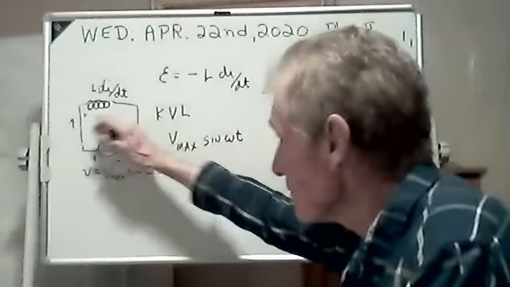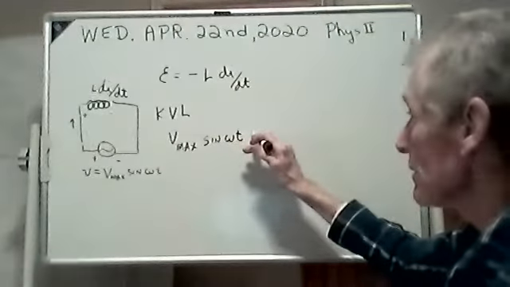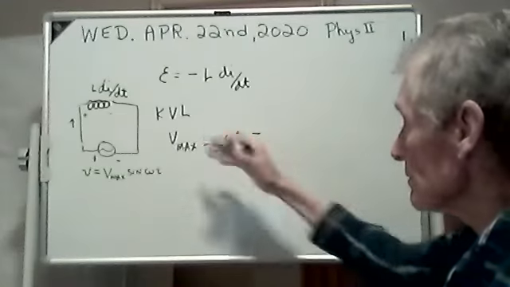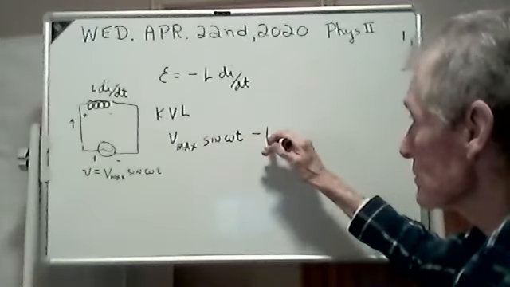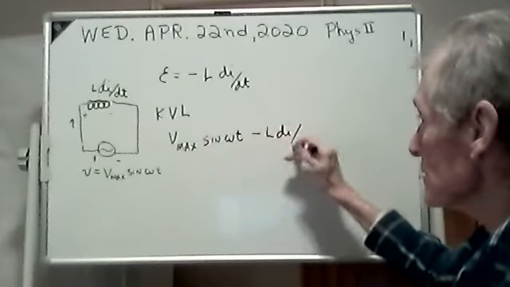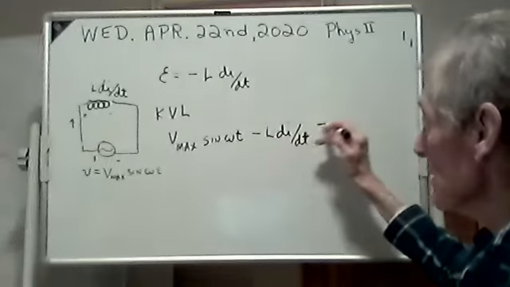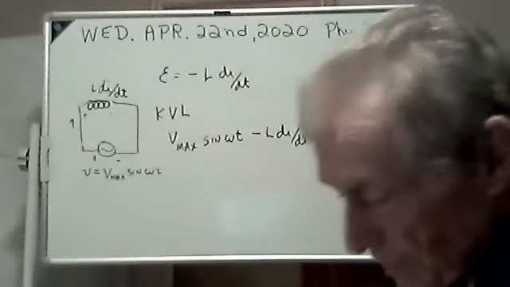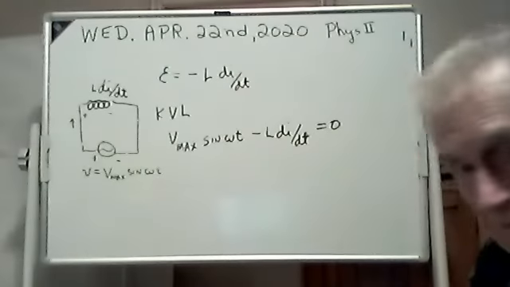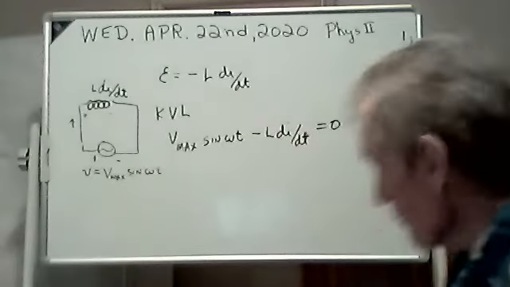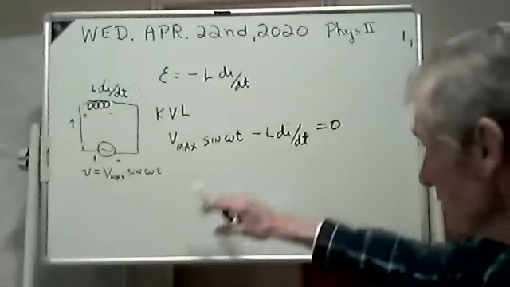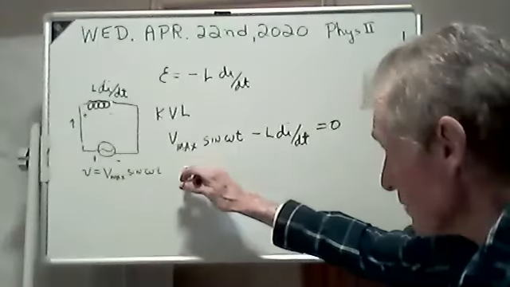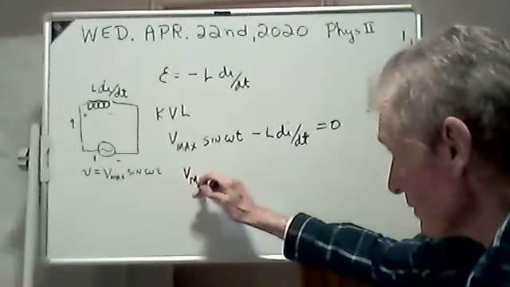And when you go from here to here, you can see you're losing voltage, minus L di/dt. And Kirchhoff says that the sum of all the voltage changes around a circuit is 0. Well, there you have it. Now let's do a little algebra here. See if you can get to here with me.